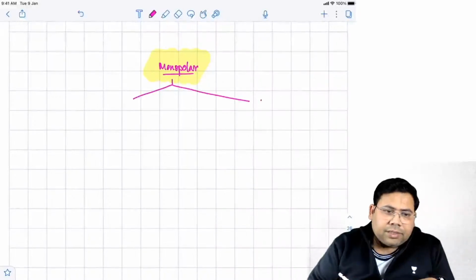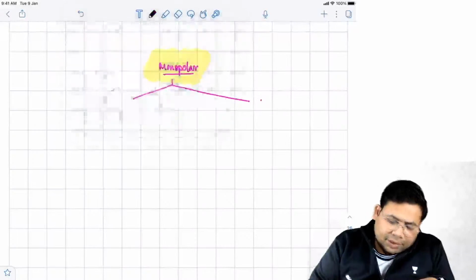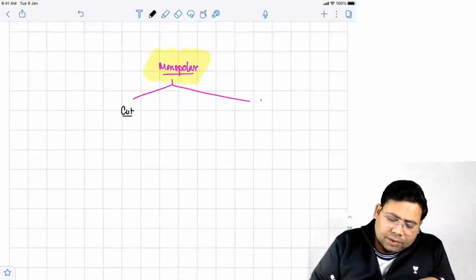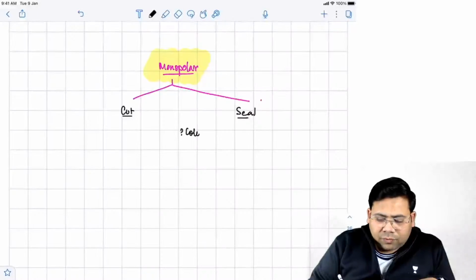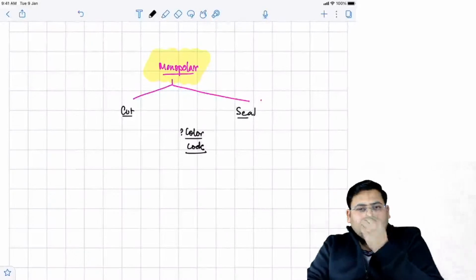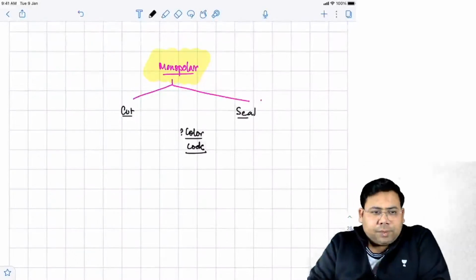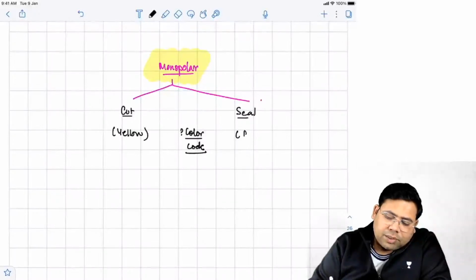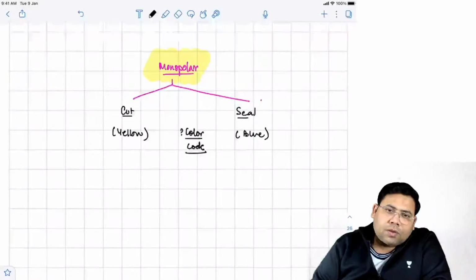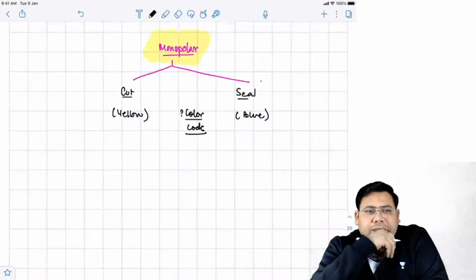First is the cut, the other one is the seal. Bache, what color code is being represented by them? Cut is yellow, seal is blue. So cut is yellow, seal is blue.